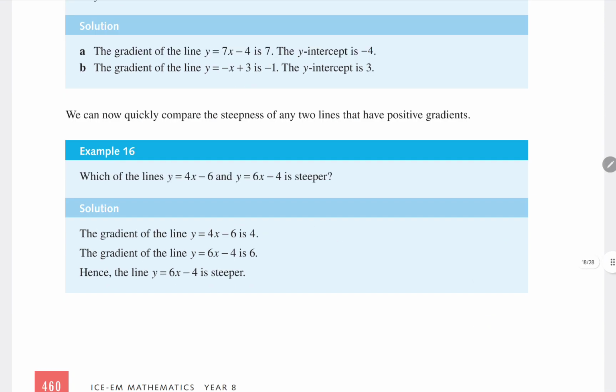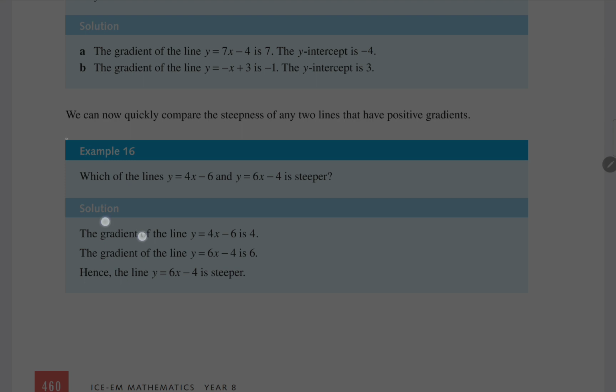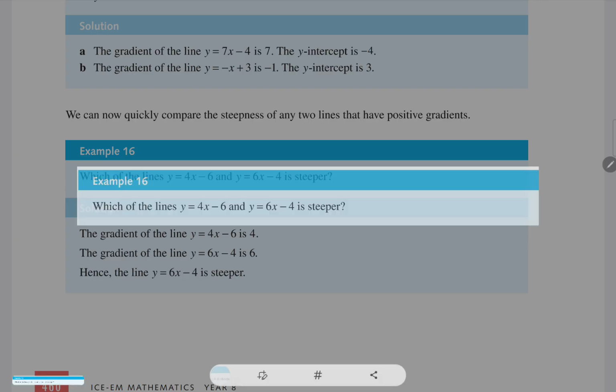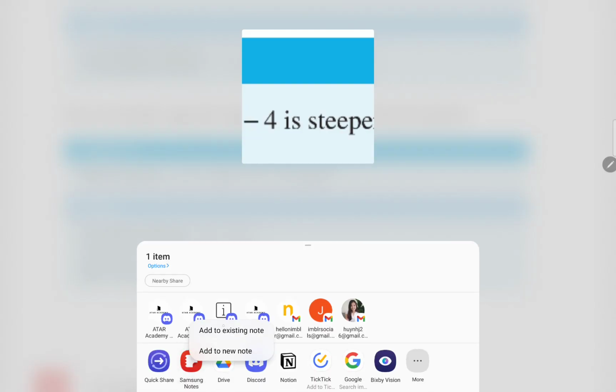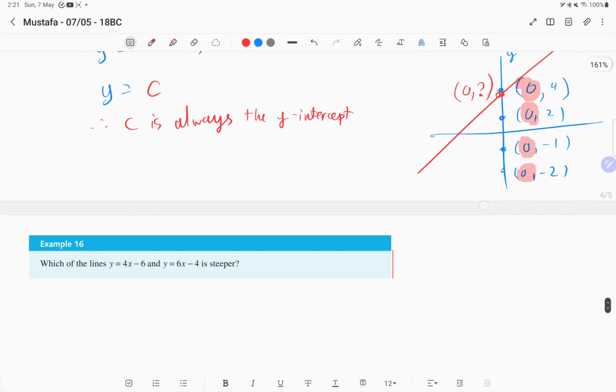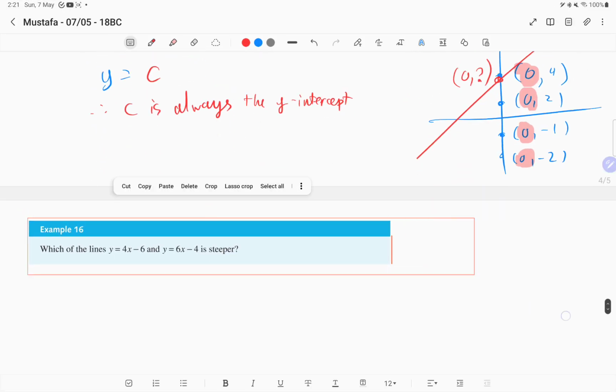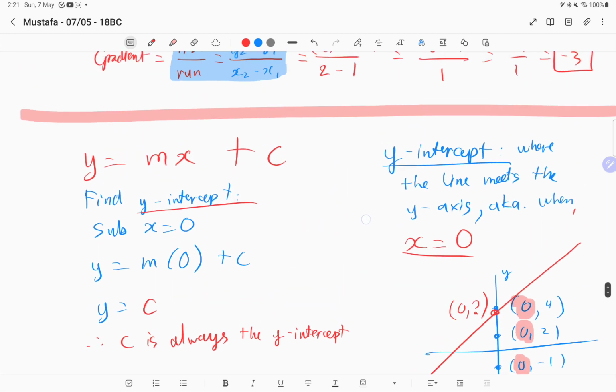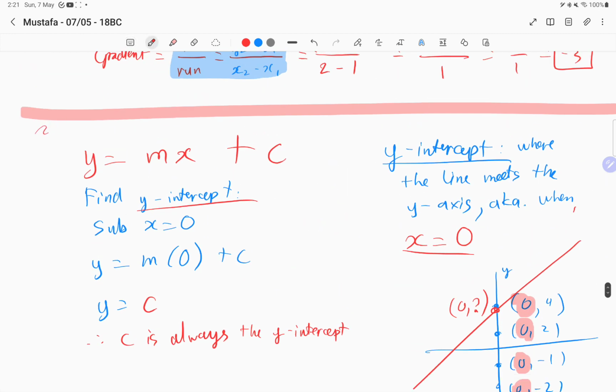Pretty easy. Okay, let's say this one. This is going to be 18E.